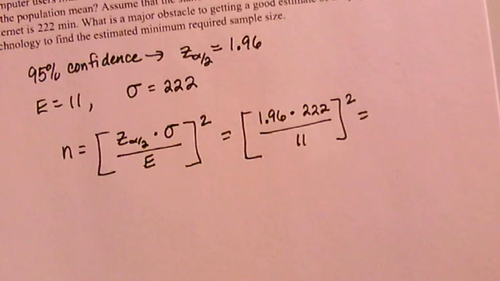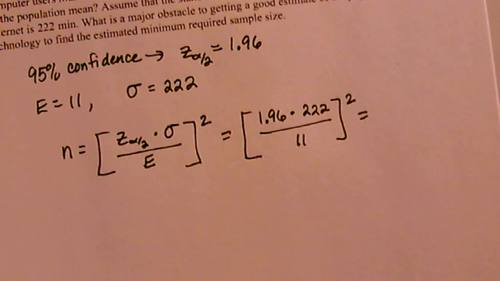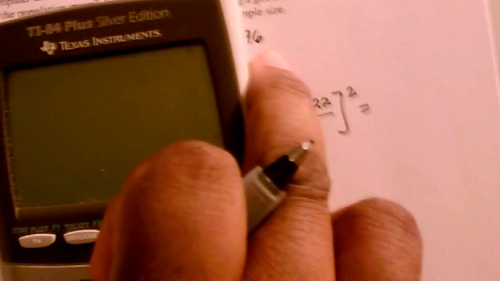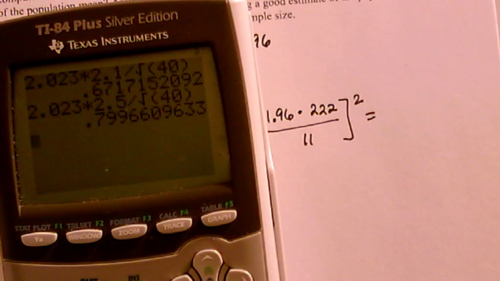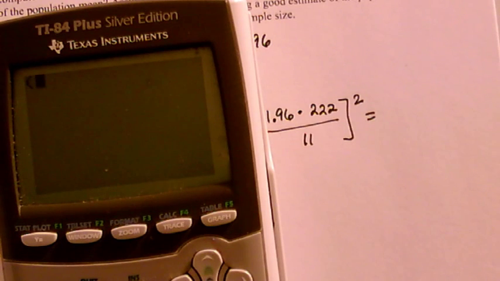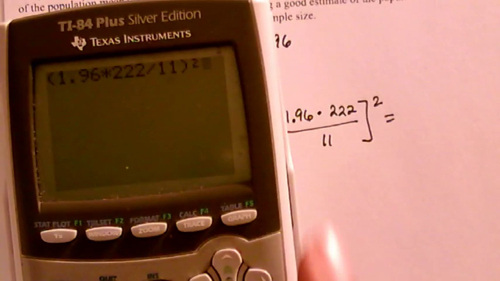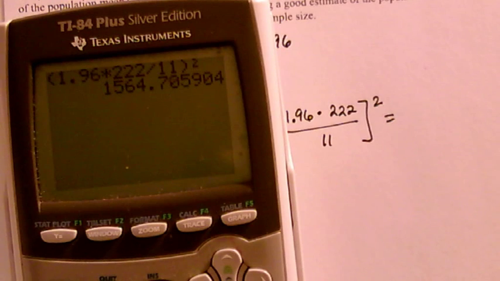Okay. So in this situation, we'll just type in this expression as is. So here, left parentheses 1.96 times 222 divided by 11, close your parentheses, and then hit the x squared button to square it. So your expression should look like this on the screen. And then hit enter.